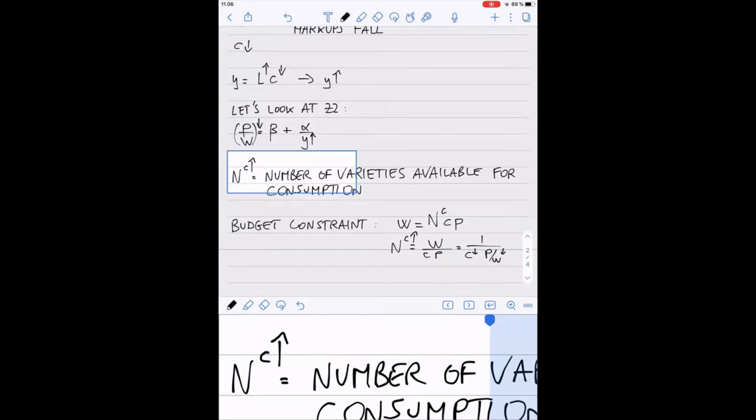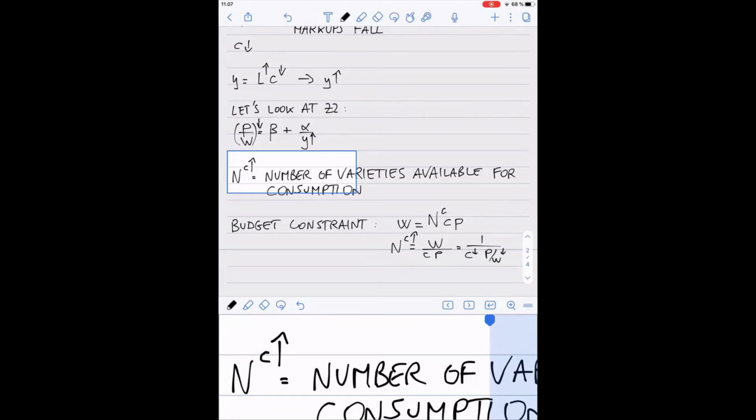So trade increases the number of varieties available for consumption. You know, not only can you buy Carlsberg, Tuborg, Mikkeller, you can also buy American IPAs, you can buy Heineken, you can buy all sorts of different beers from all over the world. And that is a positive thing.